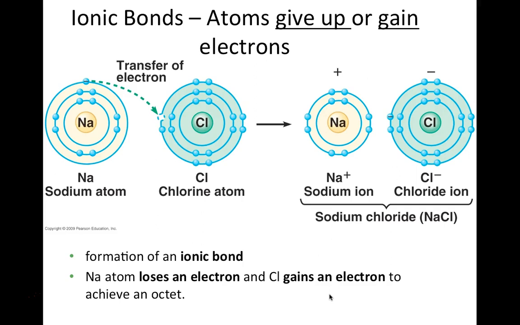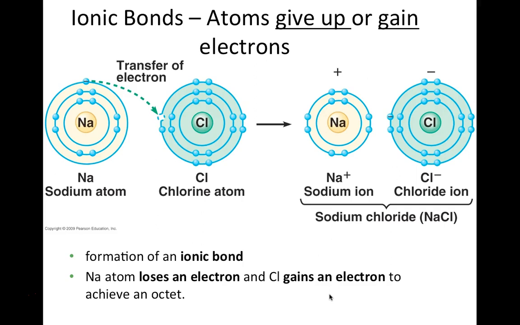On the right-hand side, chlorine has accepted that extra electron donated from sodium, and now we call this a chloride ion, or negatively charged anion. An anion is an atom that has accepted an electron and is negatively charged because it has that extra negative charge from that donated electron. A cation is an ion that is missing an electron.